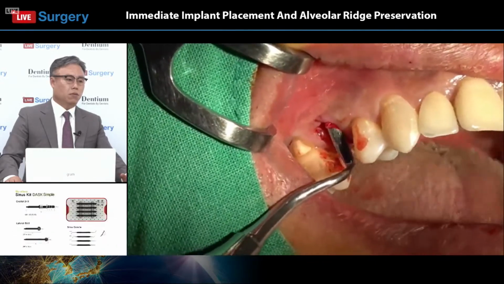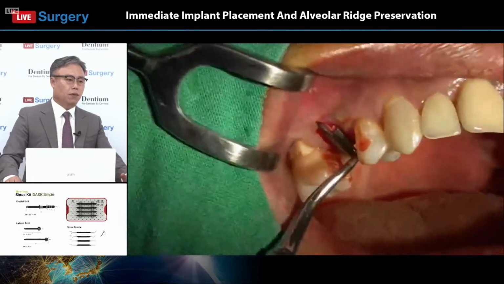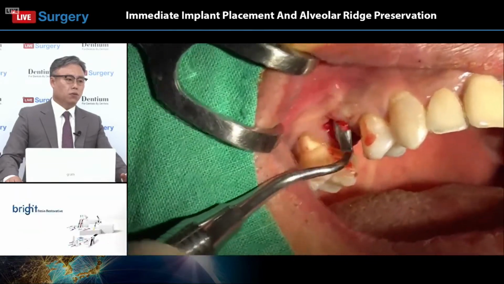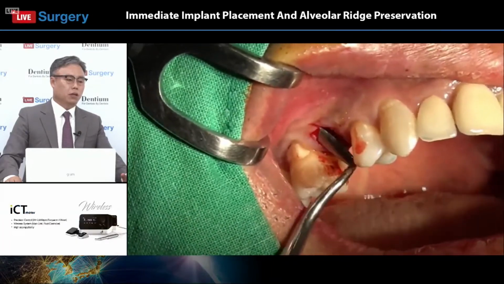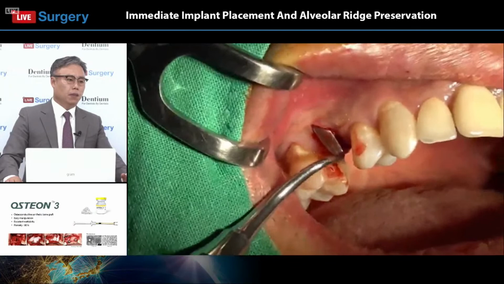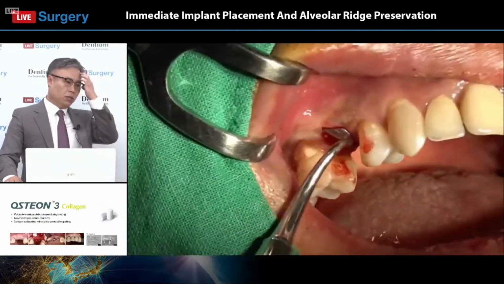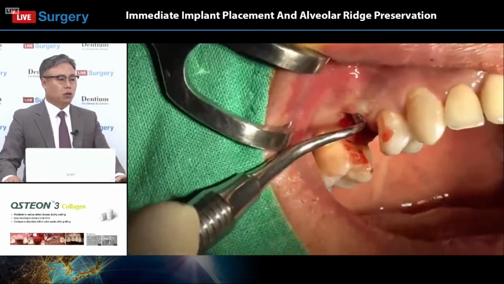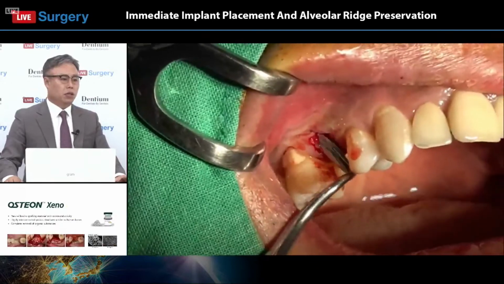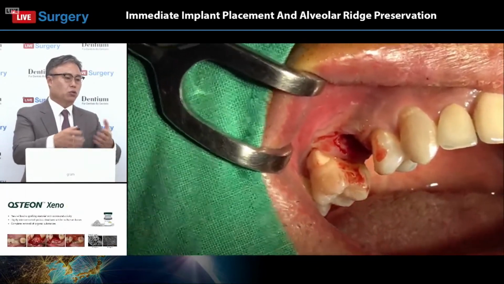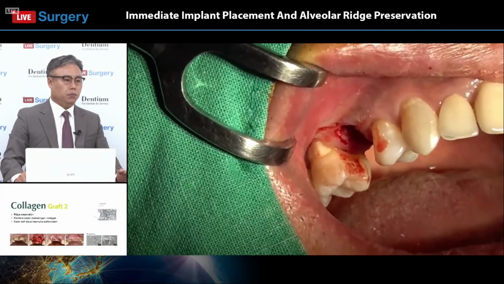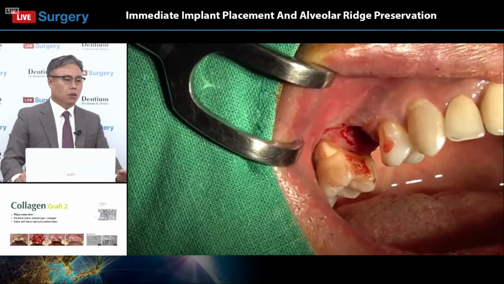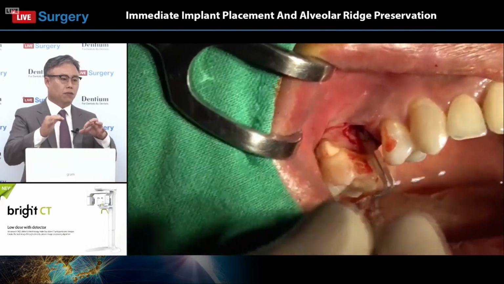Instead of opening the flap, he's applying the interproximal knife to the buccal side. I've heard he uses this instrument to evaluate the buccal bone condition and make sure the buccal bone is intact, instead of opening a full thickness flap.